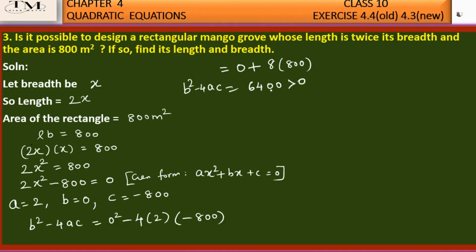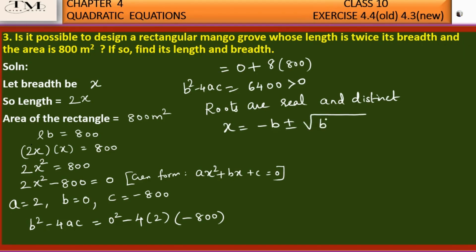Now if b square minus 4ac is positive, according to the nature of the roots, the roots are real and distinct. So we can say that the roots will be minus b plus or minus square root of b square minus 4ac divided by 2a.